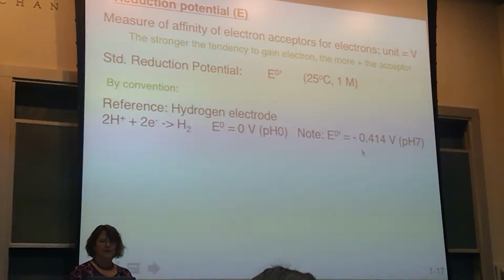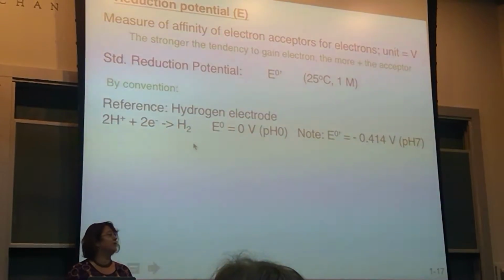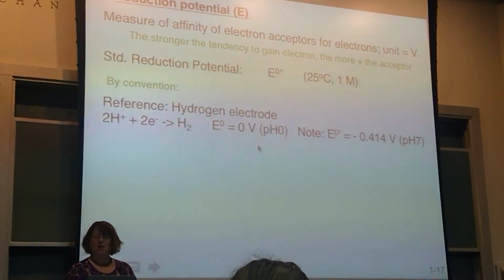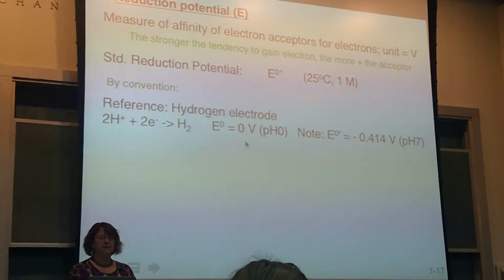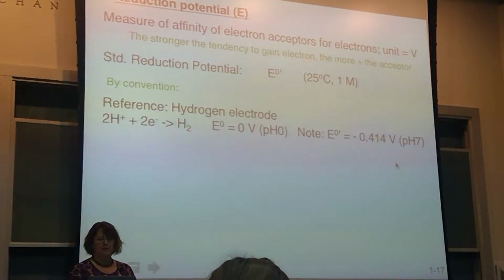The reference is always the hydrogen electrode, so H plus plus 2 electrons going to H2. At pH 0, which you really never see in biology, that's 0 volts, but at pH 7 it's minus 0.414. So this is really the standard from which we compare things.